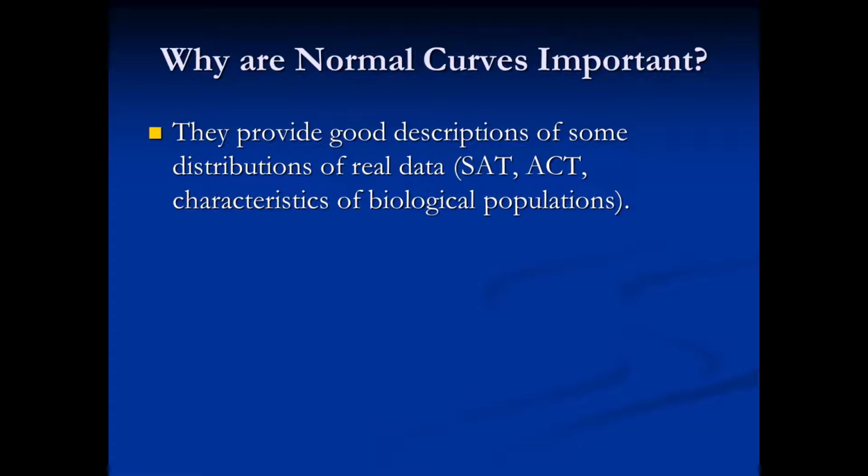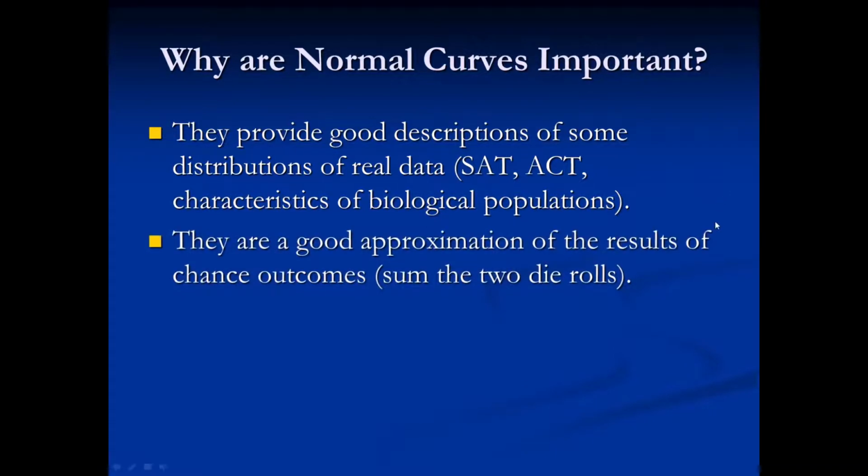If we get enough measurements from random people, they will fall on a normal distribution. So they show up a lot in biology and the natural sciences. They're a good approximation for chance outcomes. You'll see that when we do probability, if you get a probability model for the sum of the roll of two dice, you're going to get something that looks pretty mound-shaped or bell-shaped.